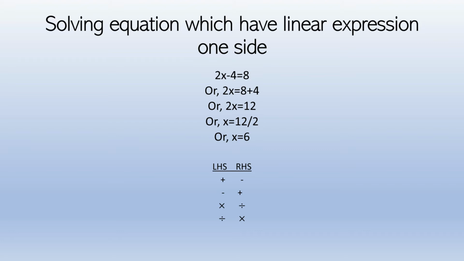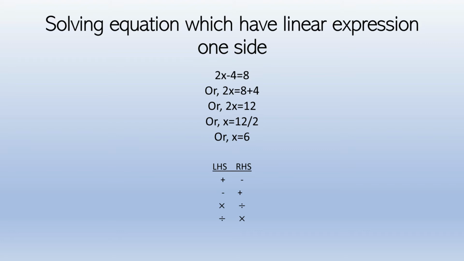As the sign of 4 is minus, when it goes to the right hand side, it will go with a plus sign. So our next step is 2x equal to 8 plus 4. Now it gives us 2x equal to 12.